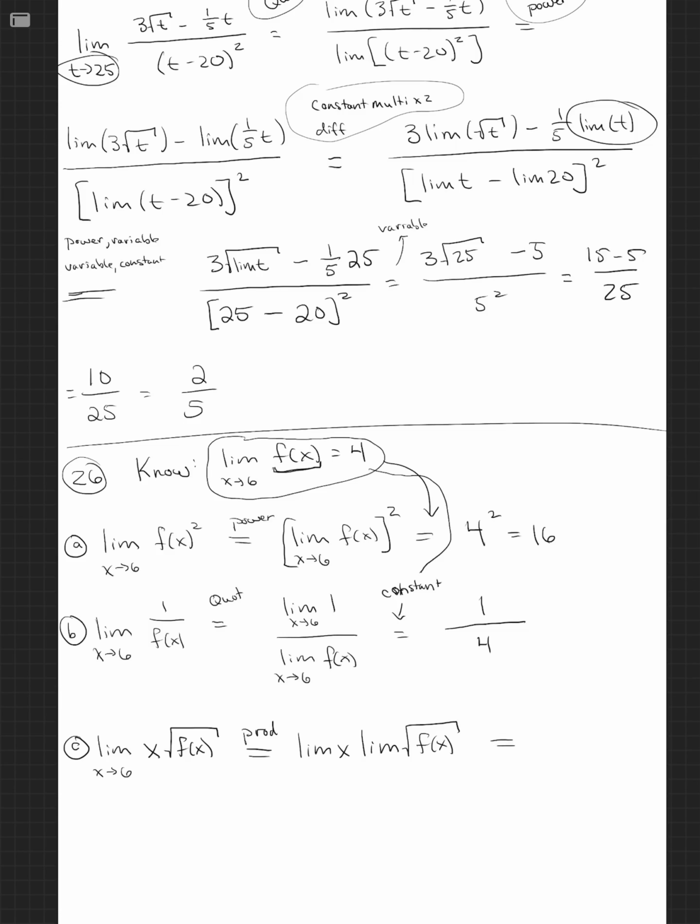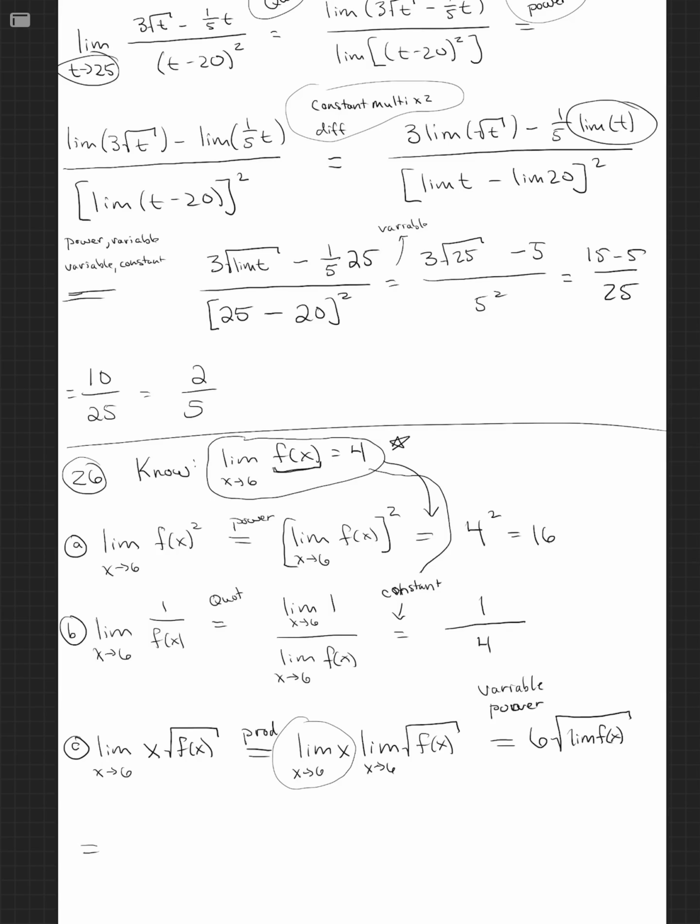We're going to use the variable rule and the power rule to say, well, the limit of x as x goes to 6 is 6, and that square root is secretly a power, so we can put it around the whole limit instead.